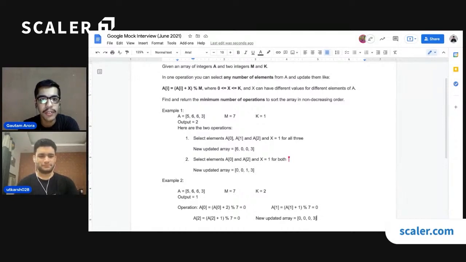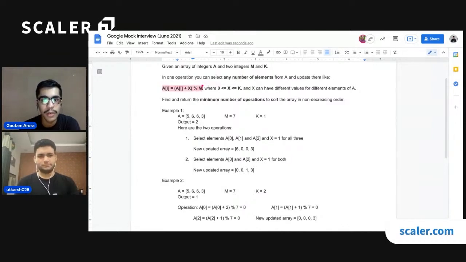Okay. So we are given an array of integers a and then two integers m and k, right? So we can perform one operation in which we select any number of elements in the array and update according to this expression.